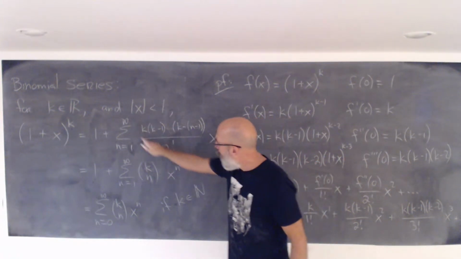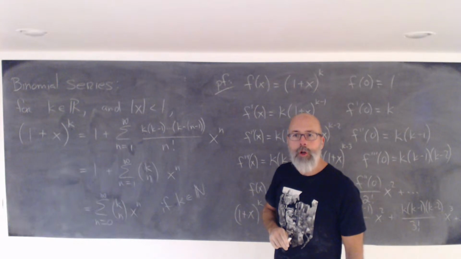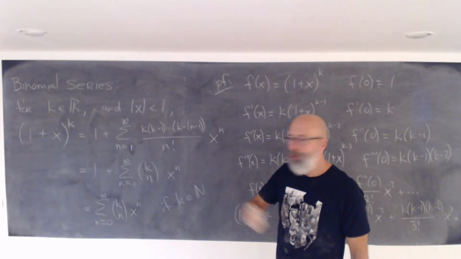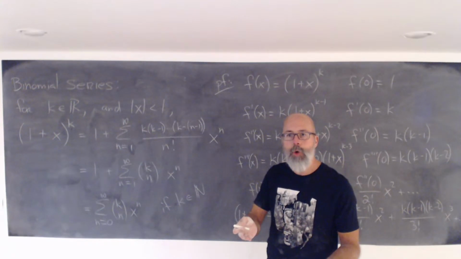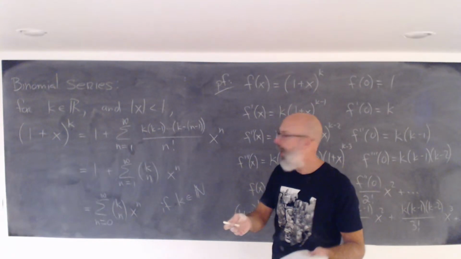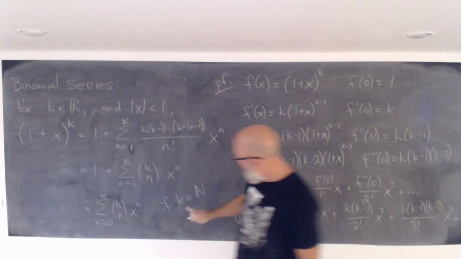So eventually the terms are all going to be 0 for n large enough. So what you're suggesting is that you actually get a finite series, which makes a lot of sense, right?